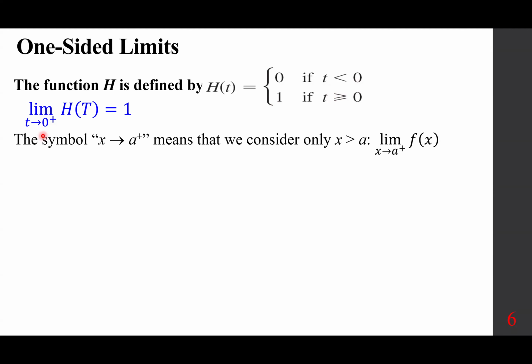And so this symbol means that we consider only x larger than a. We read limit of f of x as x approaches a from the right. When we say a from the right, it doesn't mean positive or negative, because if you have a positive number, both sides are positive.